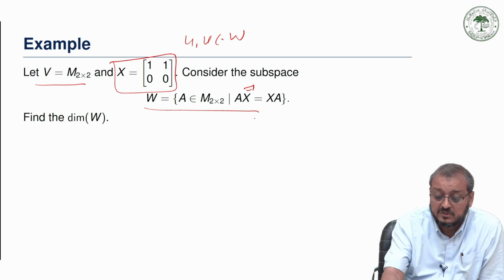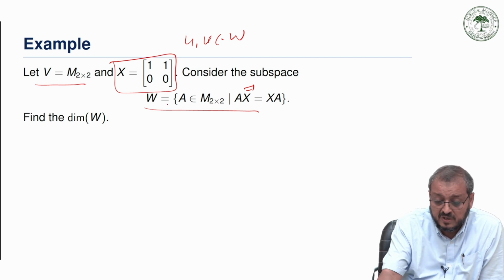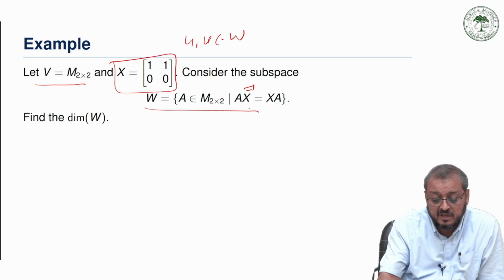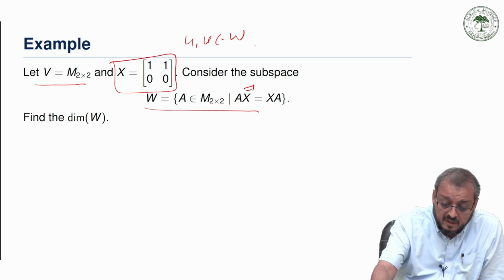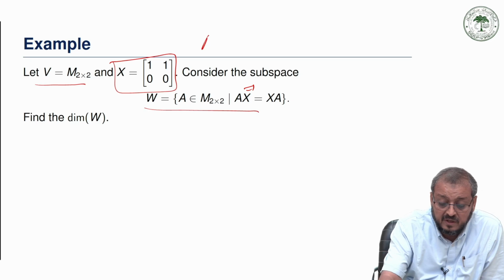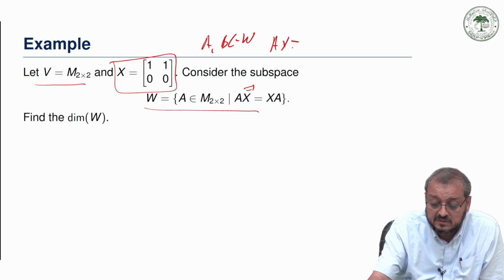Like this, we check whether U plus V also belongs to W. U is an element of W means AX is equal to XA, and V likewise. We take some matrices A and B that are elements of W. So we have AX is equal to XA, and BX is equal to XB.